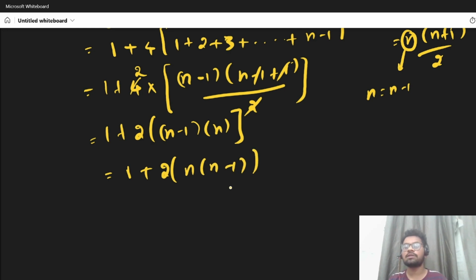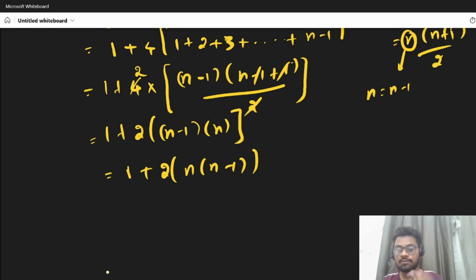This is the derived formula for this solution. Whatever the value of n, we just return 1 plus 2 into n into n minus 1. Let's code it up, guys.